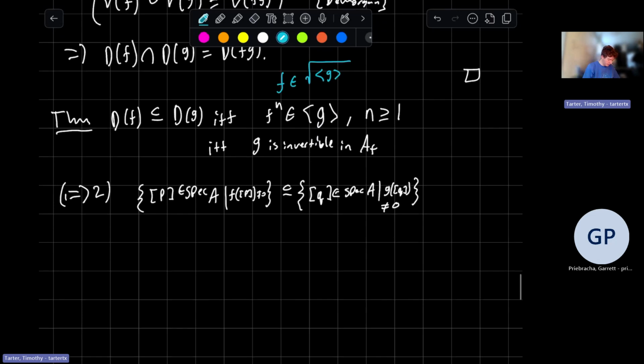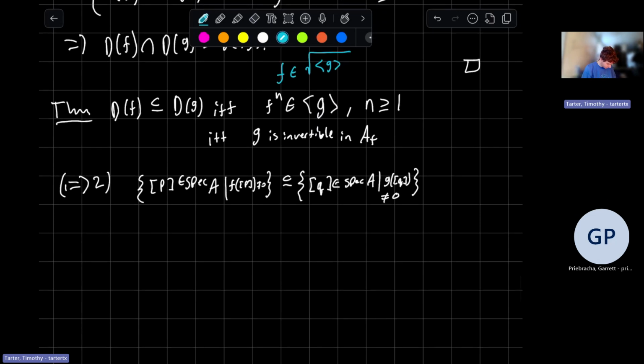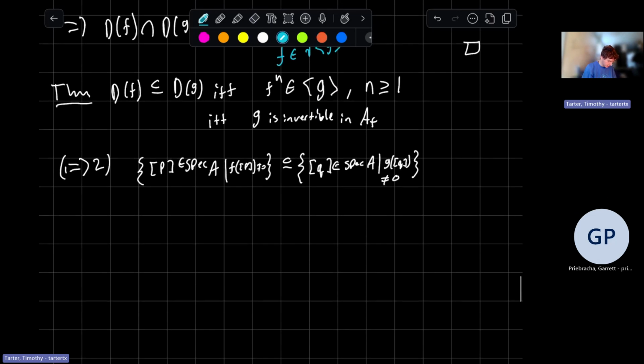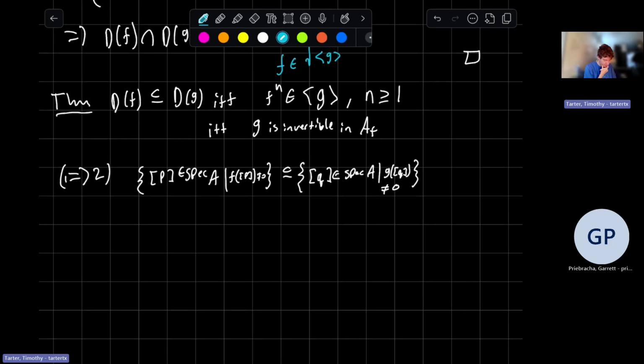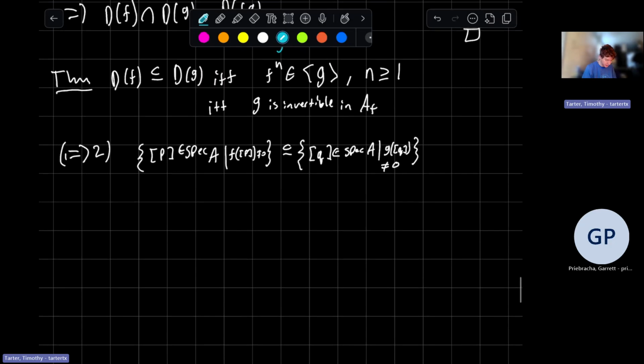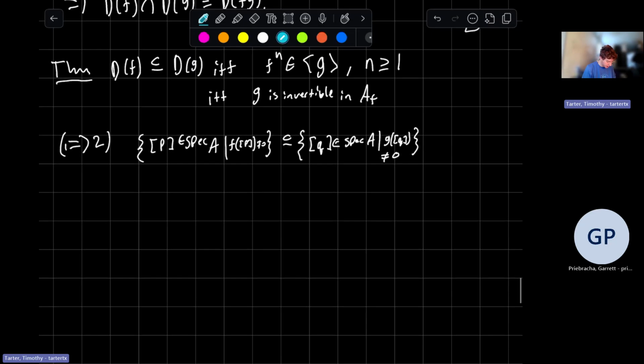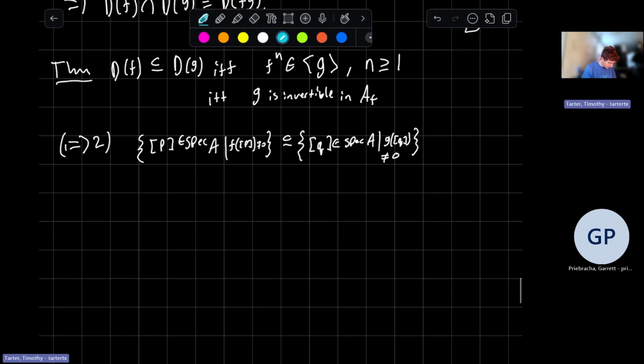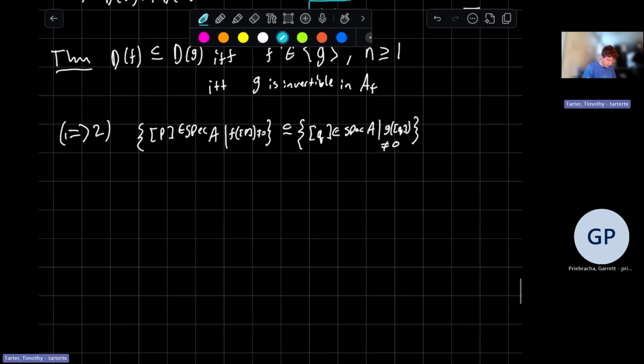Hmm. Okay, hold on. He has some exposition. So inside Spec A, we have the closed subset of the vanishing of g, which is Spec A mod the ideal generated by g. And let's take the complement D(g).